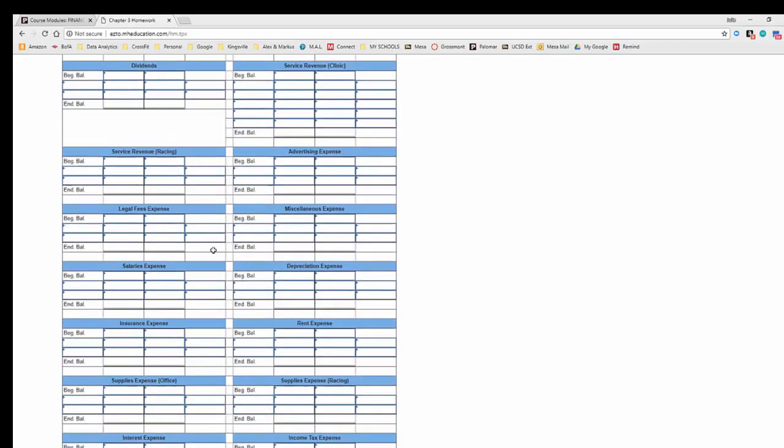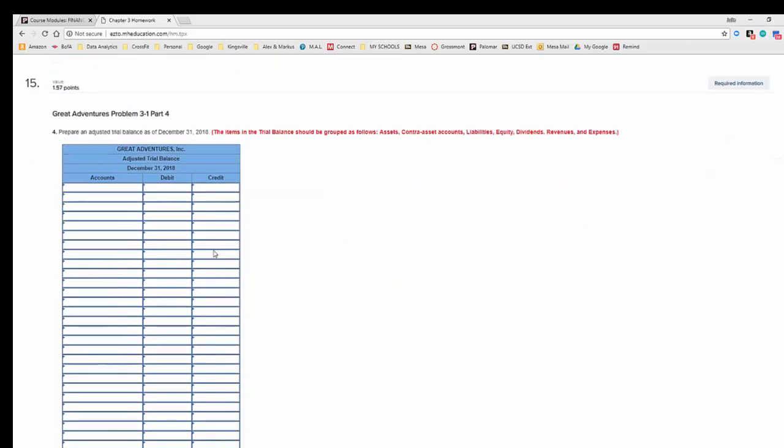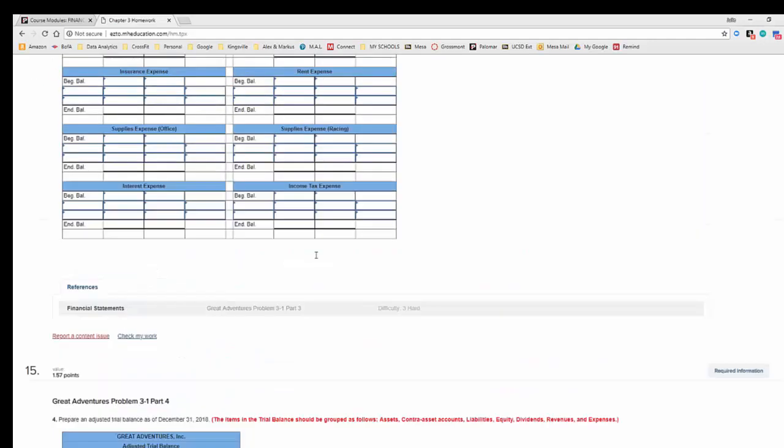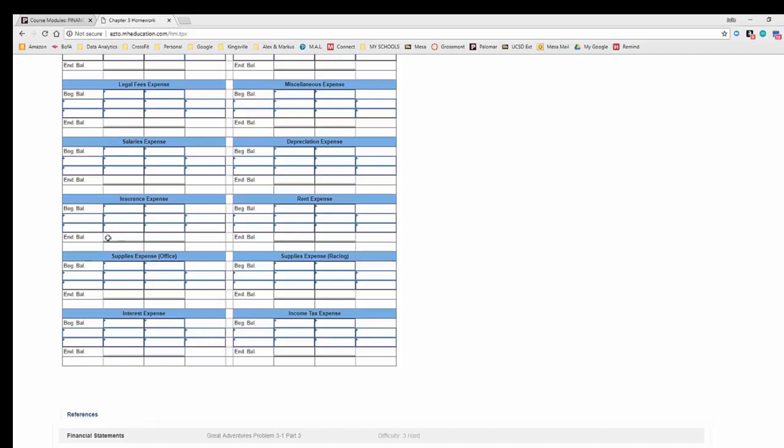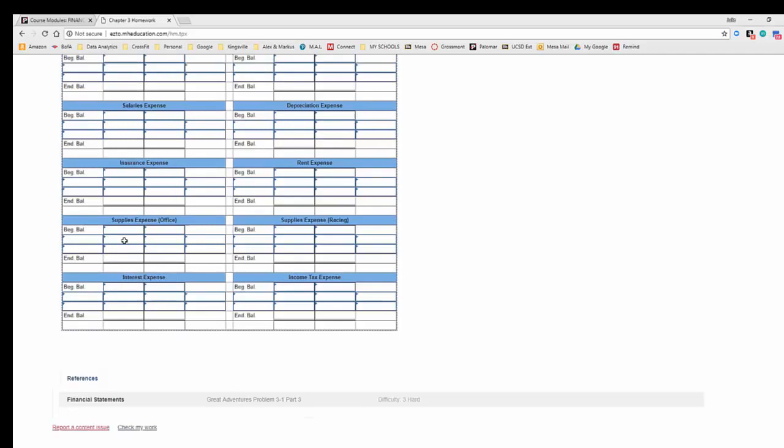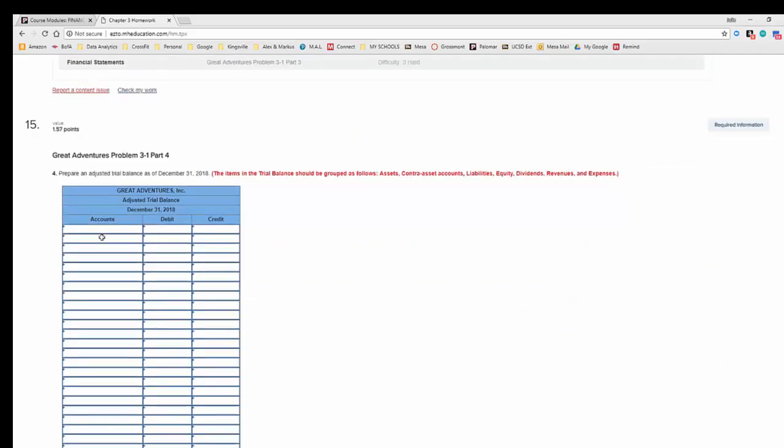Alrighty, and then finally we'll have an adjusted trial balance. So that will be a list of the accounts followed by the debits and the credits, which is why this area is so important over here, because you're just going to come up with an ending balance for everything, and then you're going to put the account over here.